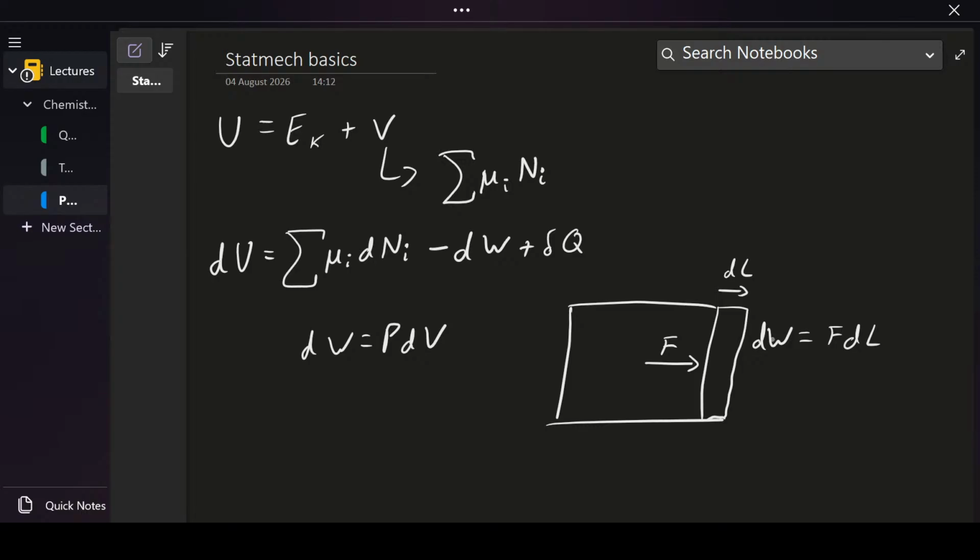And so if I want to work out the force, I can have force is equal to pressure times area, sub that in, so now dW is equal to P A dl, and area times my change in length is just going to be an overall change in volume, so that's equal to P dV.